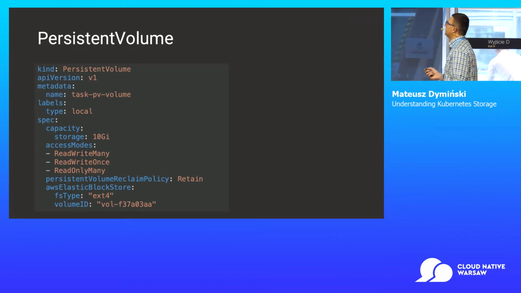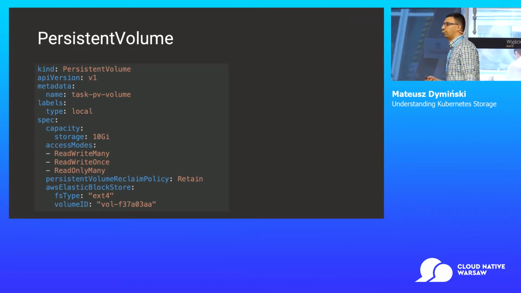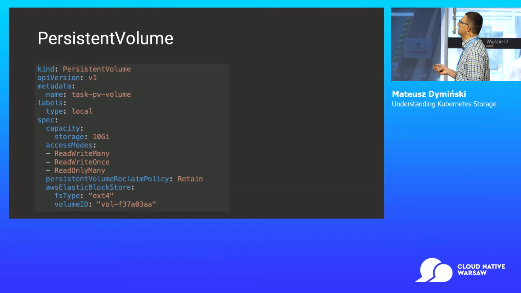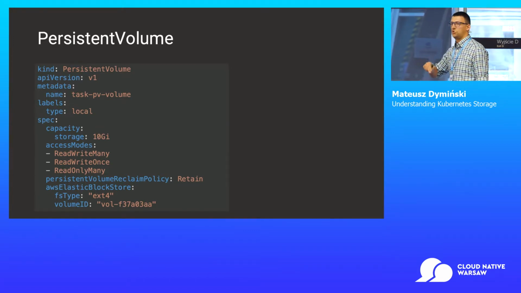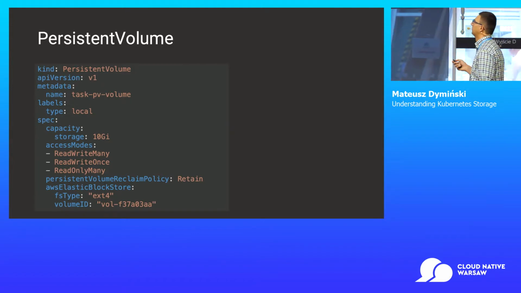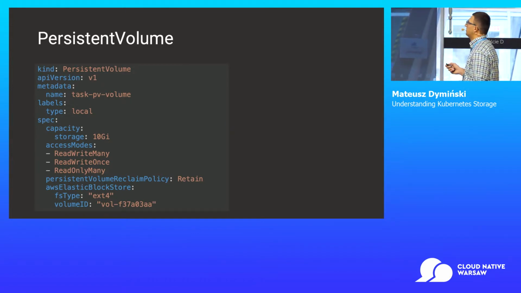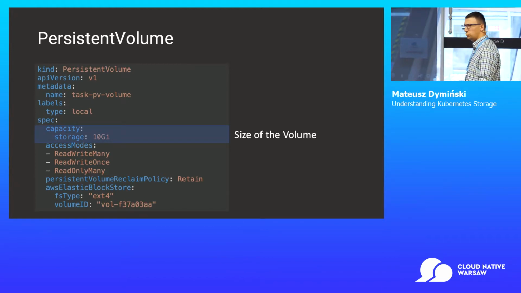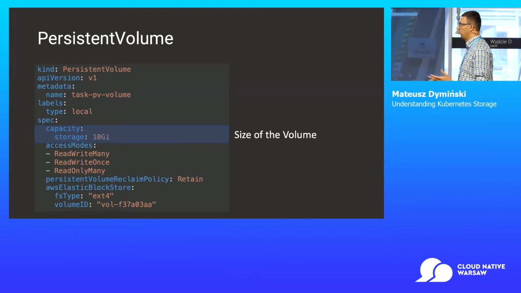Okay, so the persistent volume, on the other hand, just describes how to create, in fact, the storage in our cloud provider. So in this example we have a persistent volume which has some type, but it's not very important. The important thing is the size. So what would be the size which is going to be ordered somewhere?